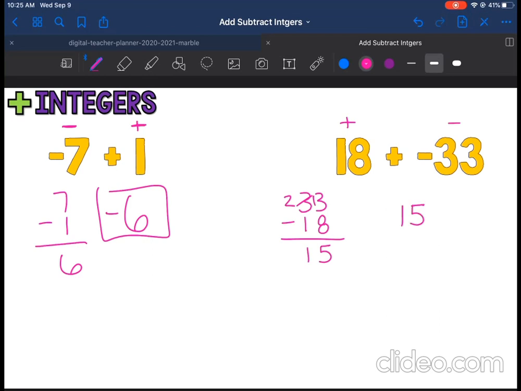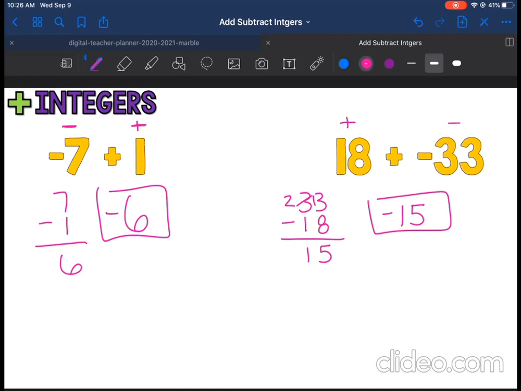Third question I want to ask myself: what number is bigger, 18 or 33? 33. Final question, is that 33 positive or negative? Negative. So my answer is -15. Okay, good. Vincent, good job.